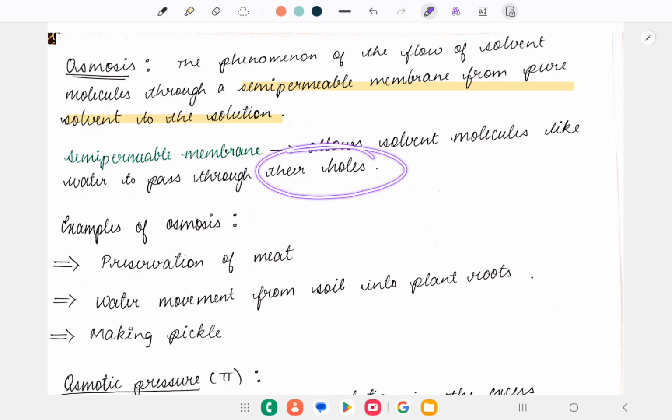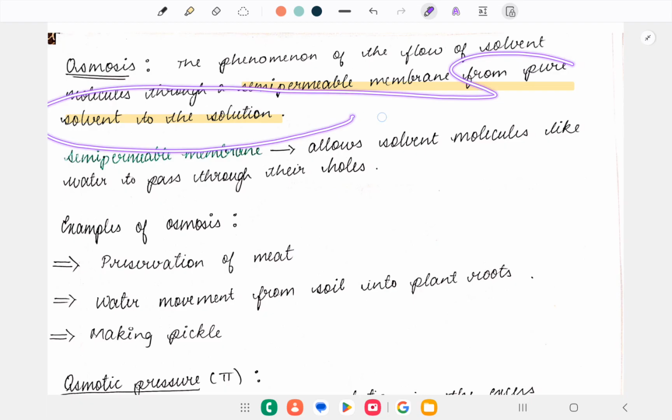It has very small holes so that the transfer will only happen from the pure solvent to the solution. So, if the semi permeable membrane is placed in between a pure solvent and solution, then the transfer will only happen in this particular way.